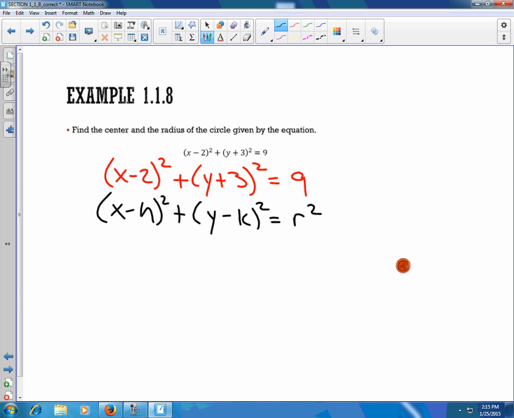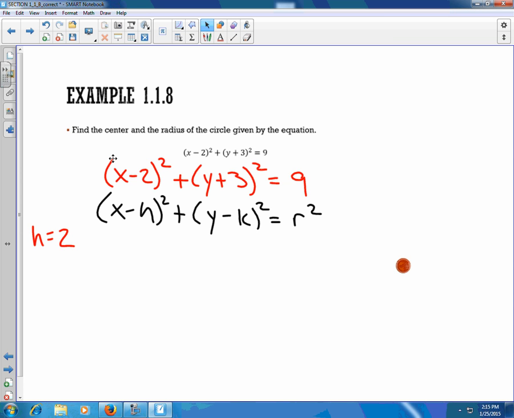So we need to determine h and k, but notice those minus signs. So we have to rewrite it as x minus something and y minus something. Well, we already have x minus 2. So from that, we could determine that h is equal to 2.